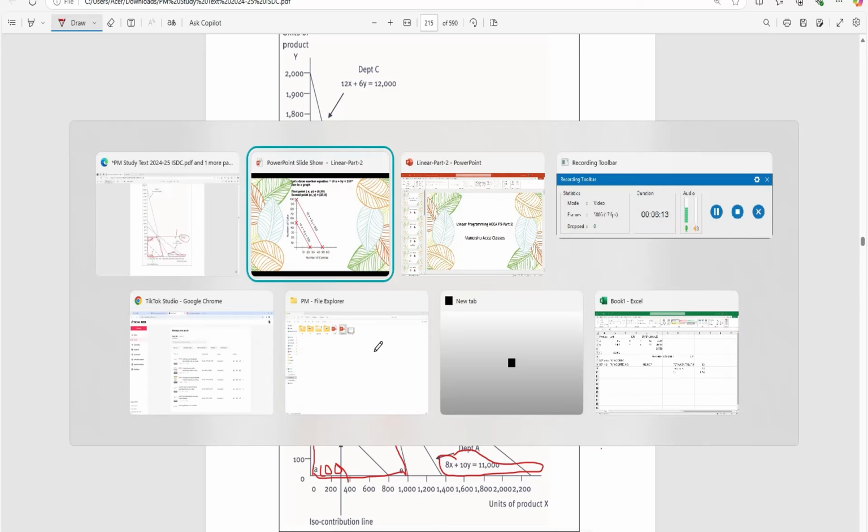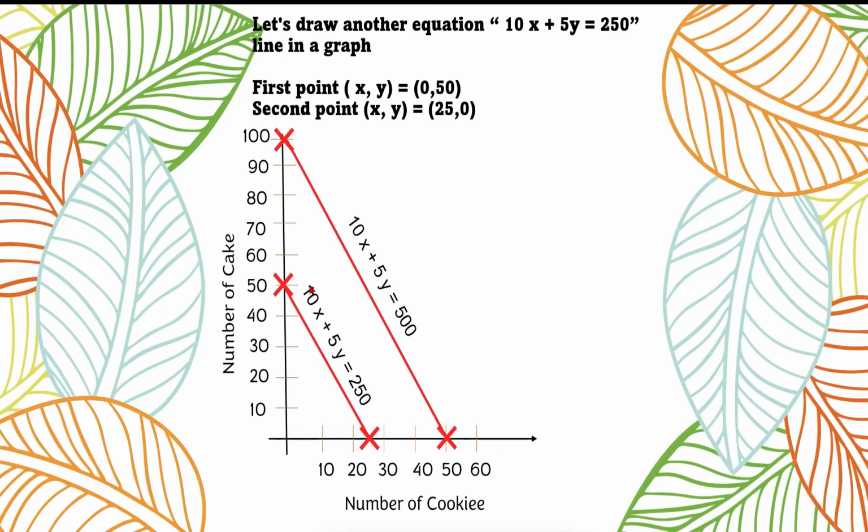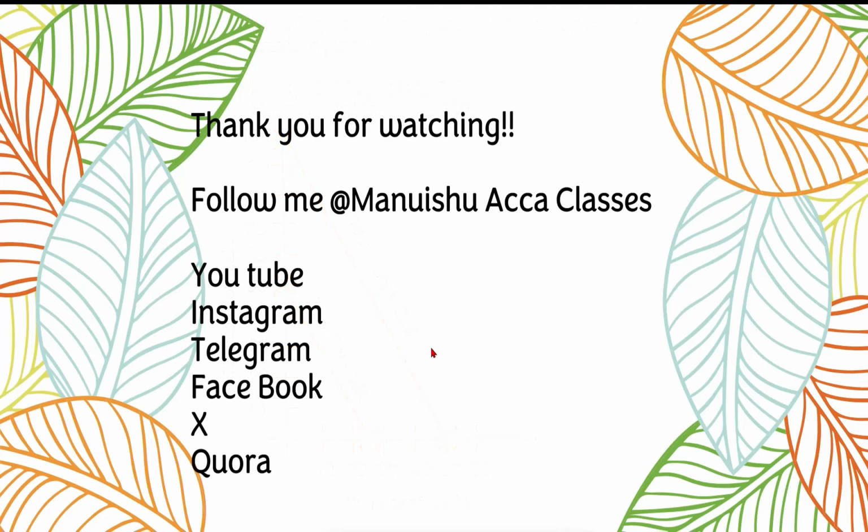That's why I have taken these two lines to make it clear that towards the origin the contribution will be lower, and if you move away from the origin, then your contribution will be higher, right? So this is about the ISO contribution line. I hope it is clear now and you are aware of how to draw the ISO contribution line.